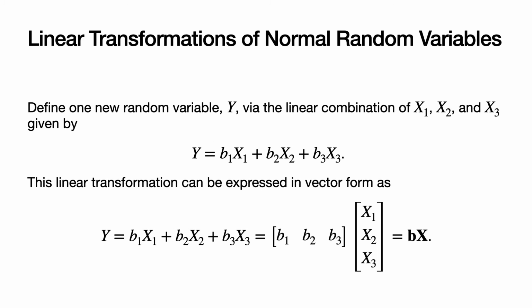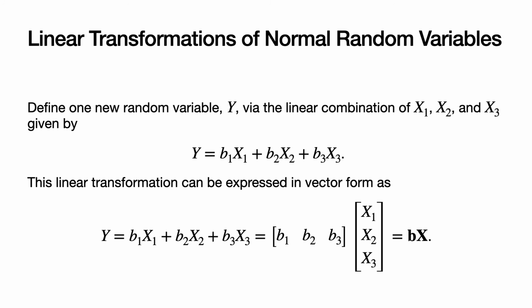We define one new random variable, y, via the linear combination of x1, x2, and x3, as shown here. So y is equal to b1 times x1 plus b2 times x2 plus b3 times x3.